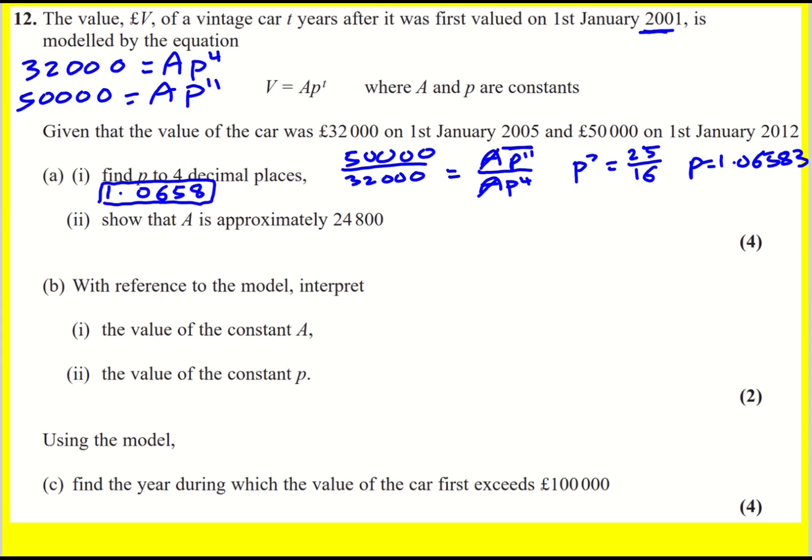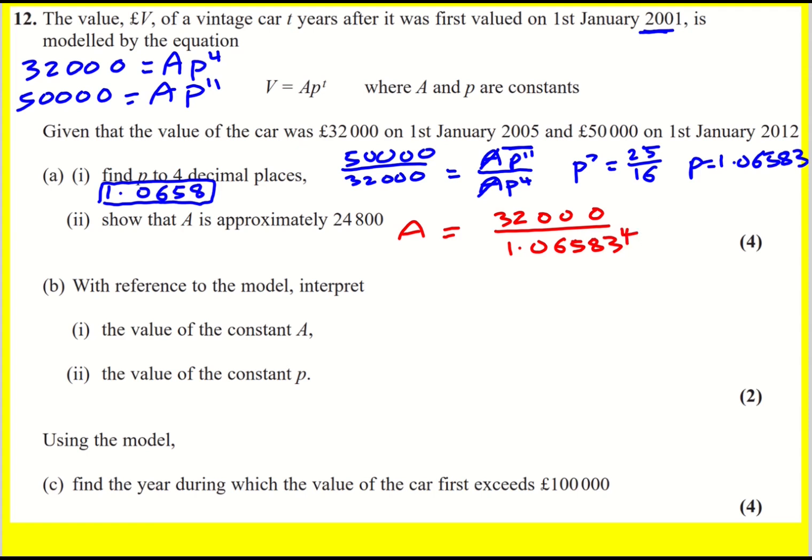Show that A is approximately 24,800. I can just sub back into either one. A will equal 32,000 divided by 1.0658. Now, I wouldn't use the rounded one. I would actually use the answer button, just so we don't lose any accuracy.